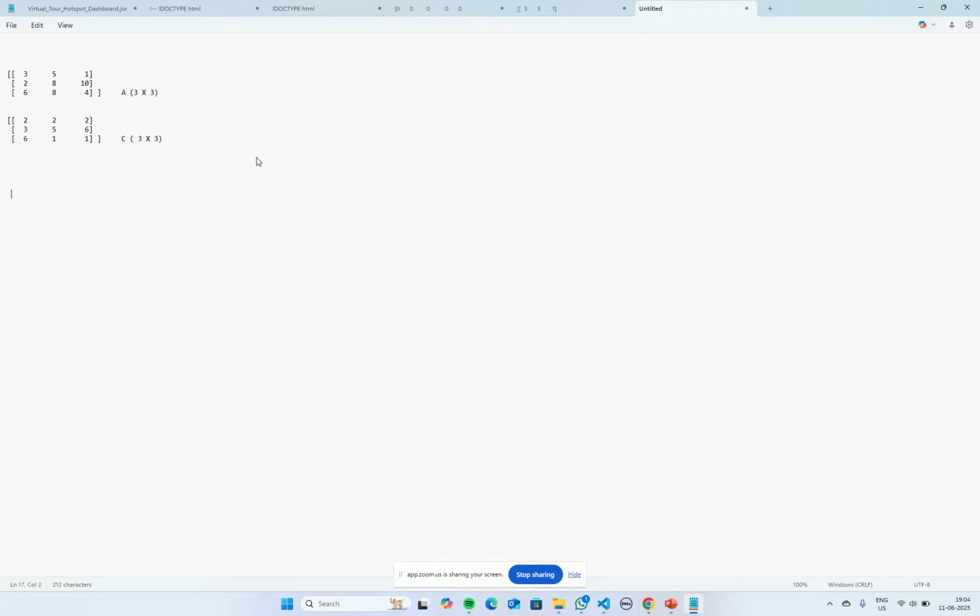So what is 3 into 2? We'll consider this one first. Then we'll add. We have to consider every row with every column; we need to multiply first. So 5 into 3.